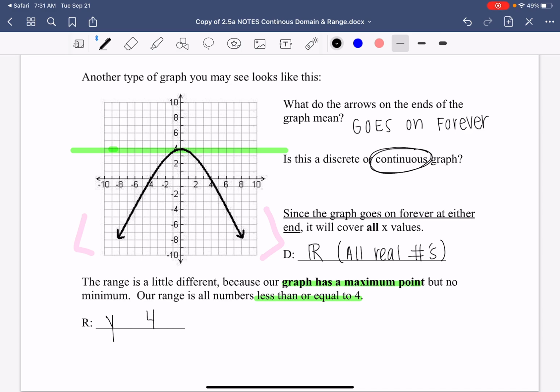Well, because 4 is the highest this graph gets, our alligator mouth, which is what I like to call it, opens to the 4, and it includes 4 because it hits 4 completely. So because it starts at 4 but goes forever and ever down, y is less than or equal to 4, because the graph is below that 4.